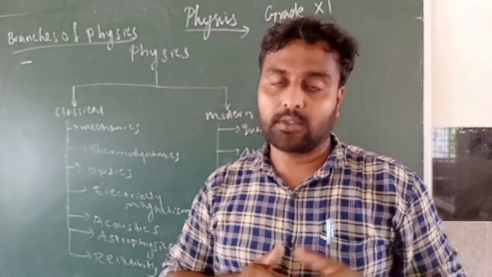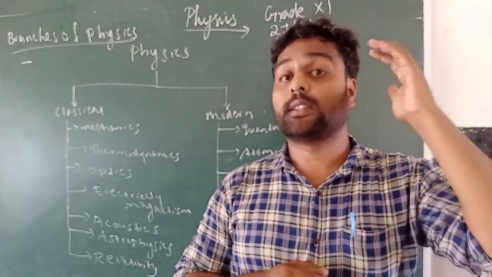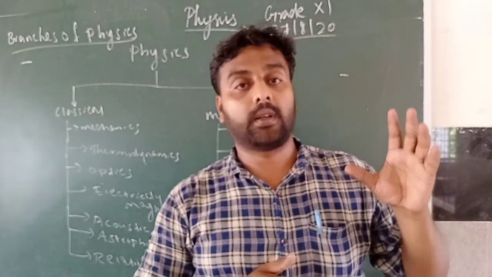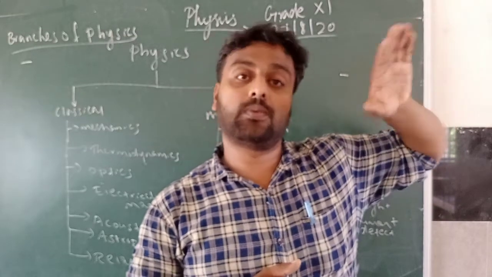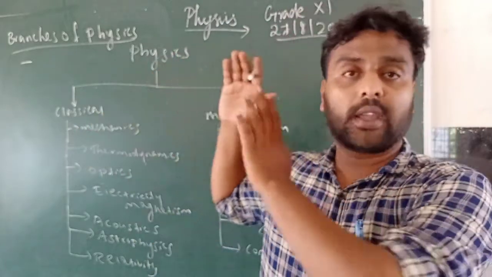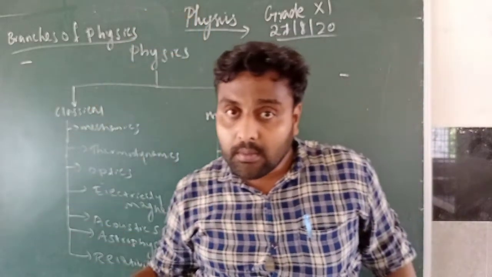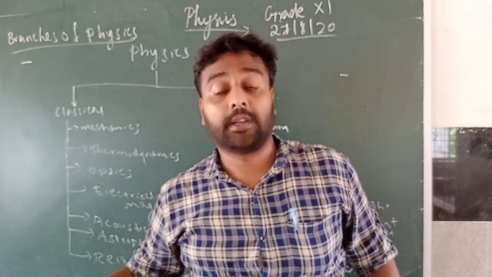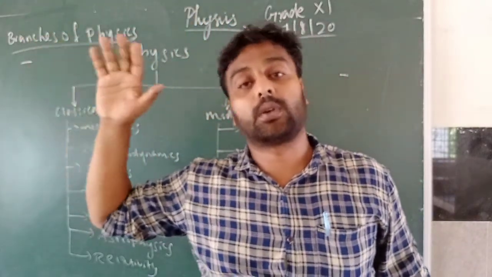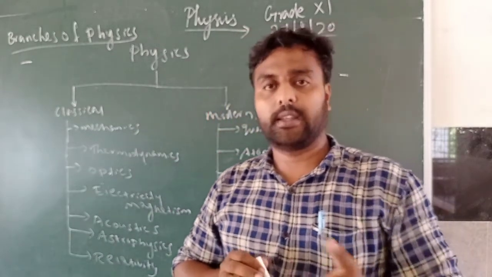It is one of the branches of physics which is used to study the motion of celestial bodies, astronomical bodies. By using the astronomical telescope, the motion of stars and everything is observed, sitting here on the earth and studying about astronomical objects, astronomical bodies. That is what astrophysics is. We can study more about this.